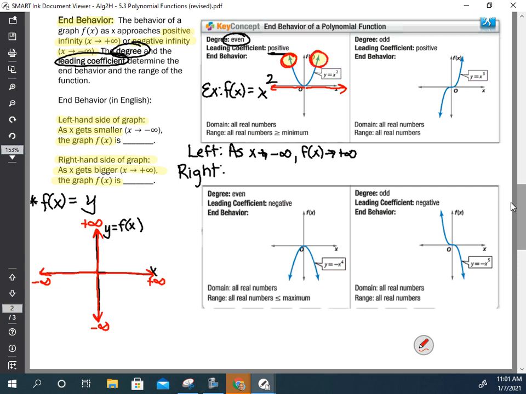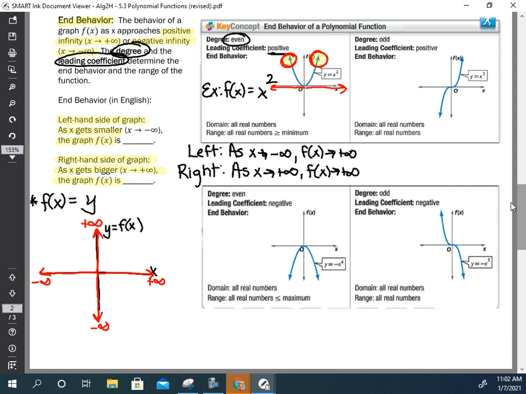What is it doing? Is it pointing up or down? Pointing up. So that means as x goes to positive infinity, f of x is going to positive infinity. That is your end behavior. So these two statements represent your end behavior.